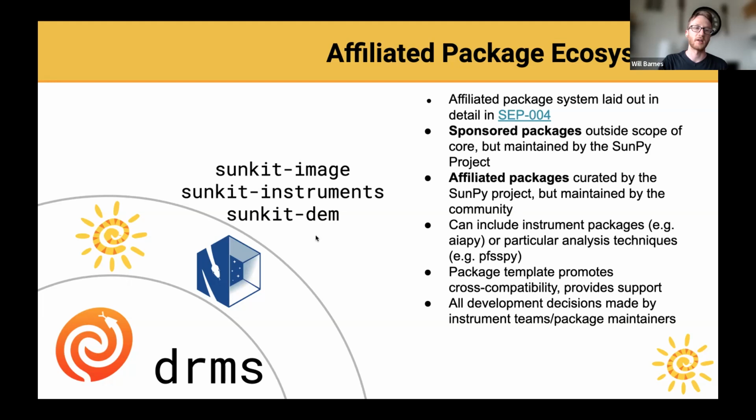These are things like DRMS, which provides underlying search functionality for doing queries against the JSOC. NDCube, which is a core data structure for holding n-dimensional data plus a WCS. And that's becoming an increasingly important part of our ecosystem. I know others within the PyHC community have used NDCube as well.